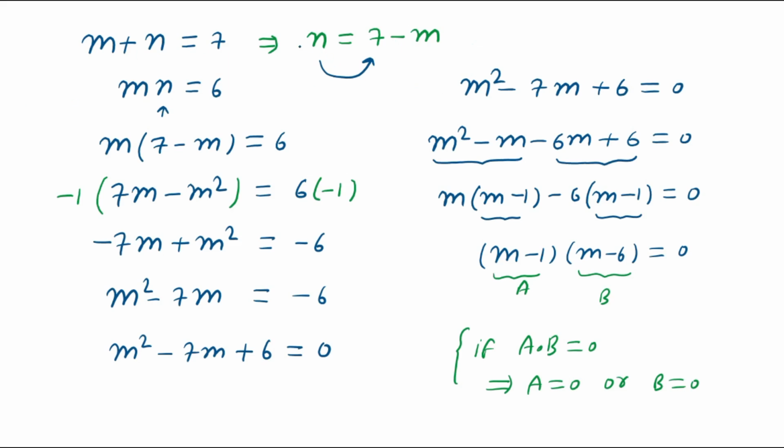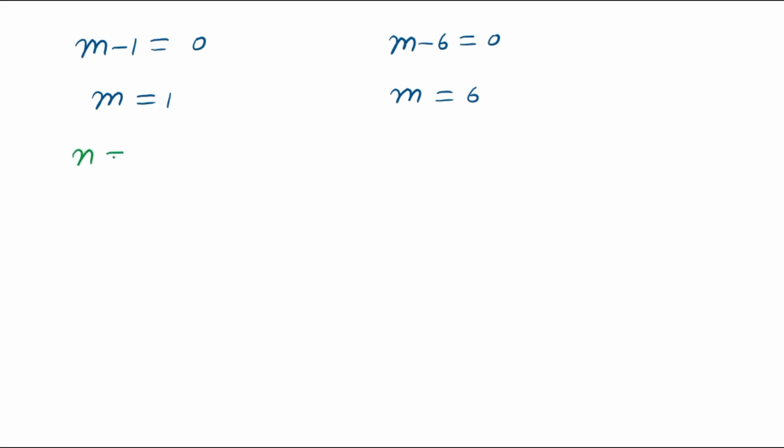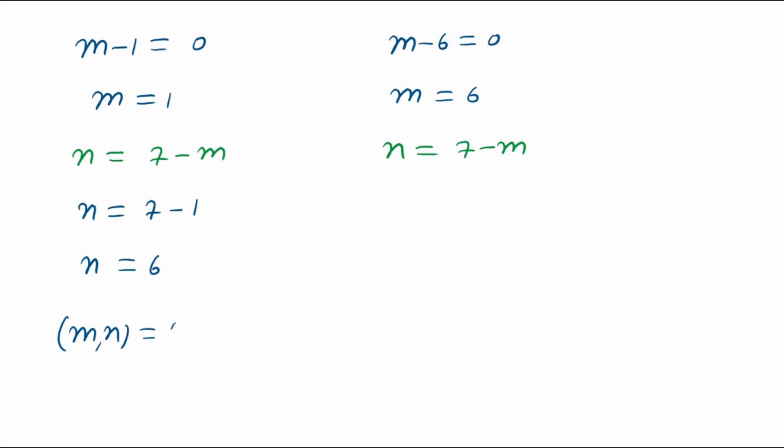Look carefully, n = 7 - m. When m is 1, n = 7 - 1 = 6. So the value of (m, n) is m = 1, n = 6. When m = 6, n = 7 - 6 = 1.